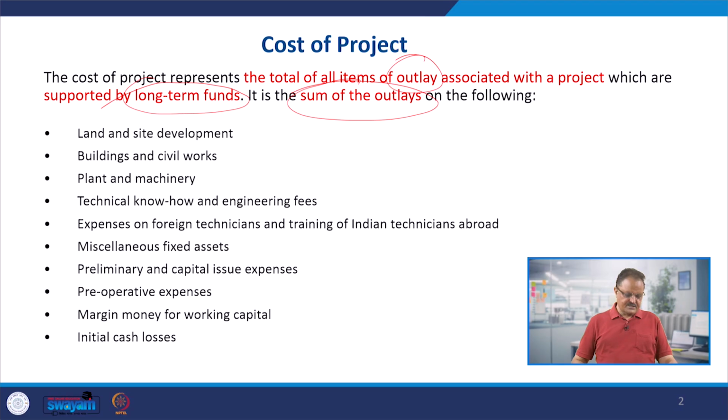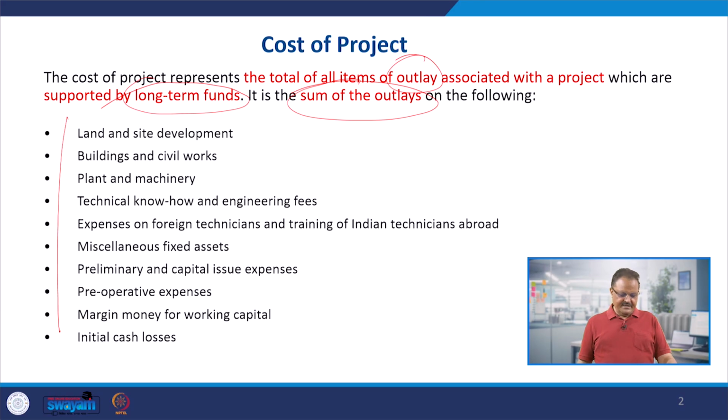So all these sources require funds, and the sum total of this we call the cost of the project. Largely they are long term in nature, because they are required for building the long term assets: land, building, plant, machinery, other assets like furniture, vehicles, patents, copyrights. Some are physical assets, some are not physical assets.